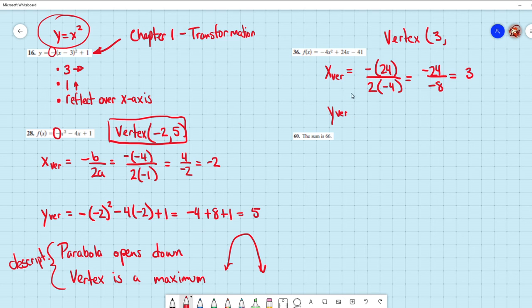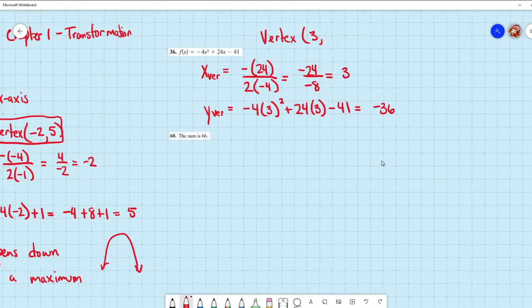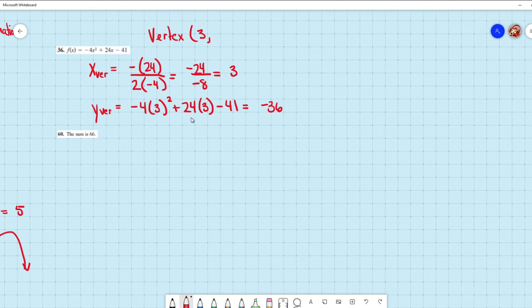So for the vertex, we'll take that 3 and plug it into our equation here. So -4 times 3 squared plus 24 times 3 minus 41. So 3 squared is 9, times 4 is -36. So it's -36. 24 times 3, that's a positive 72.